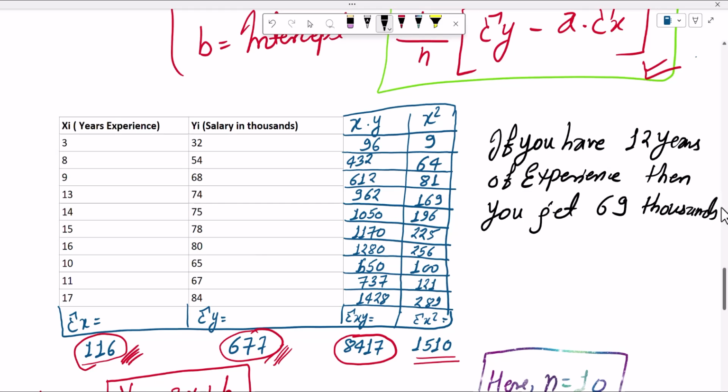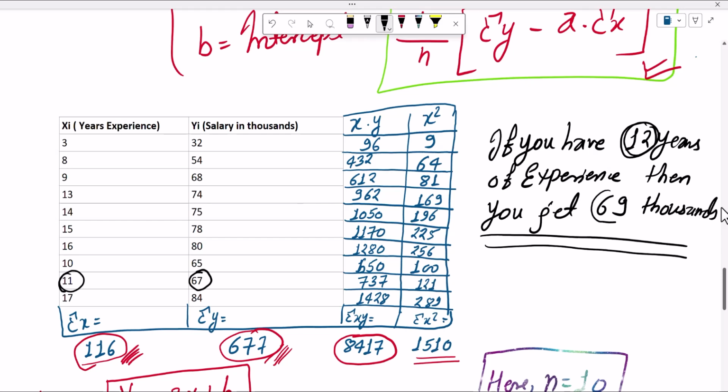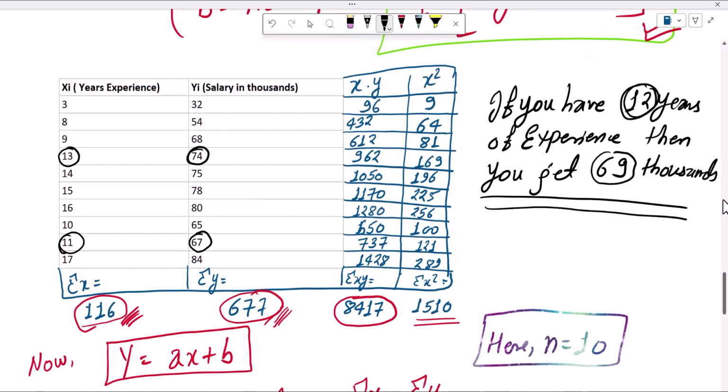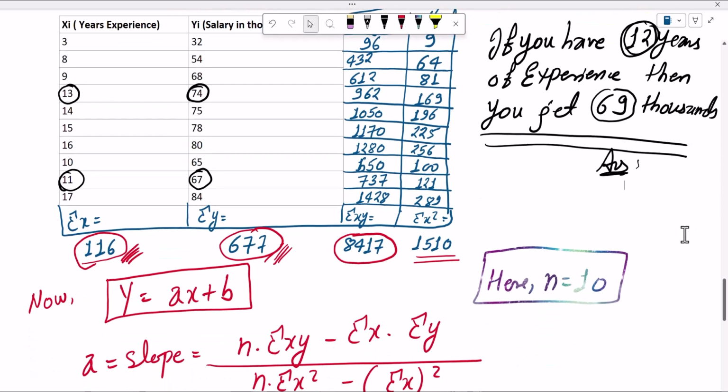This is the prediction: if we have 11 years of experience, we have 67, then for 12 years of experience we get 69. If we have 13 years of experience, we have 74. So we predict the value for 12 as 69. In the final answer, you will write: if you have 12 years of experience, then you get 69,000, right?